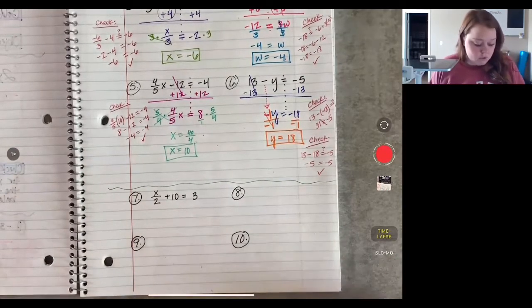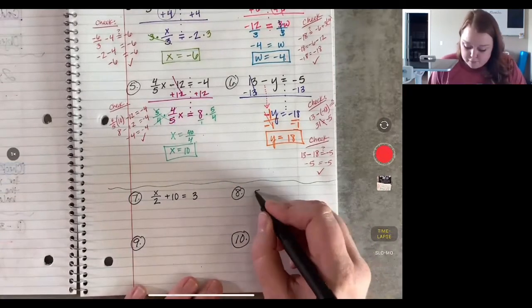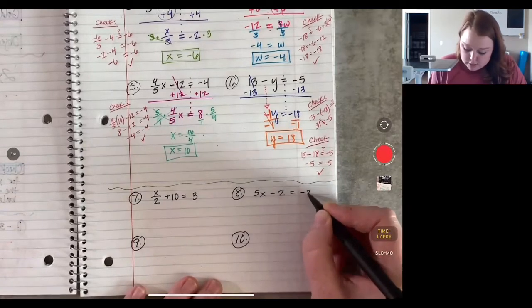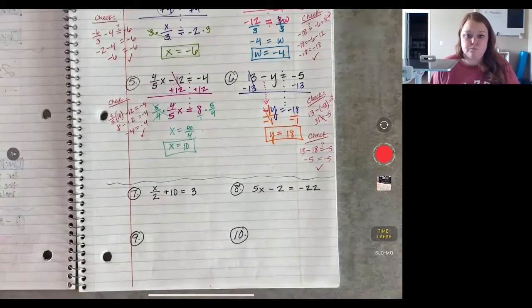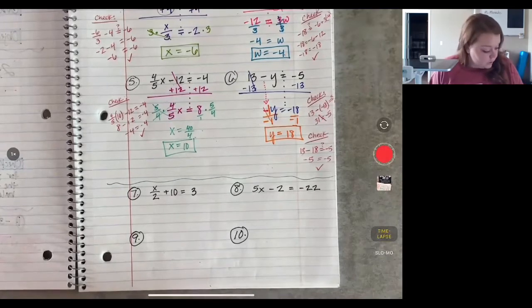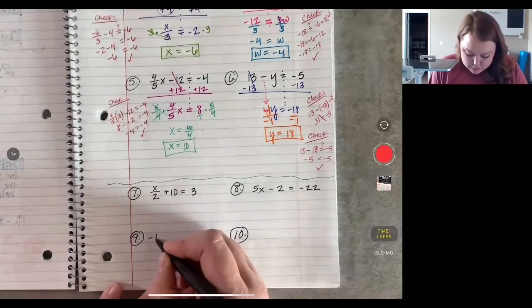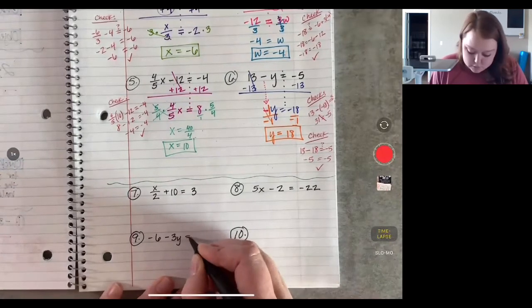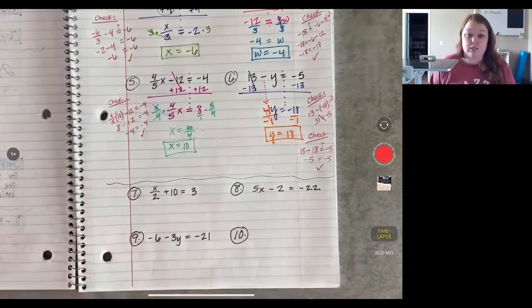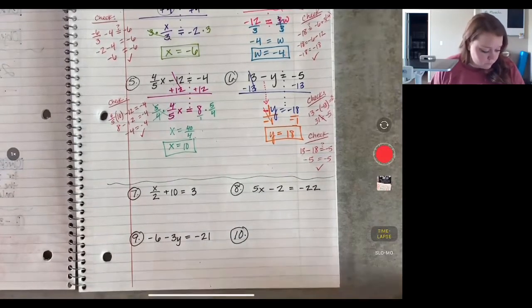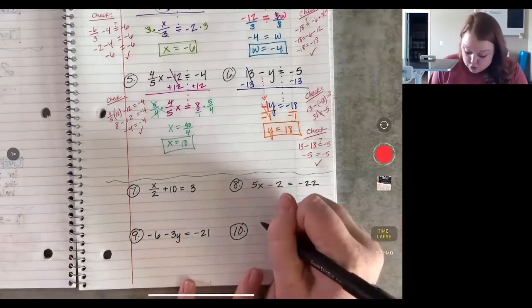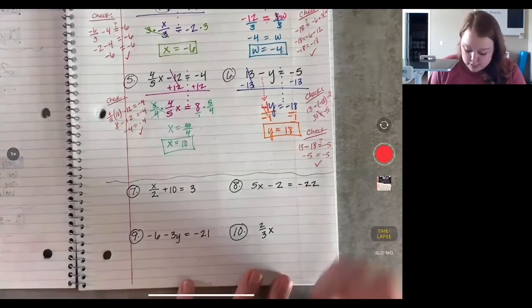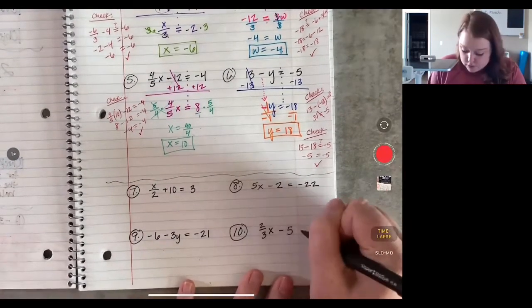Number 8, 5x minus 2 equals negative 22. Number 9, negative 6 minus 3y equals negative 21. Lots of negatives there, be careful. And last one, 2/3 x, woo, fractional coefficient, 2/3 x minus 5 equals 1.